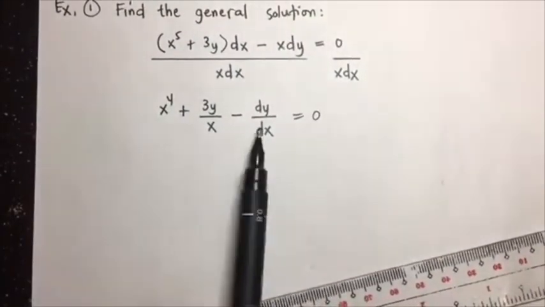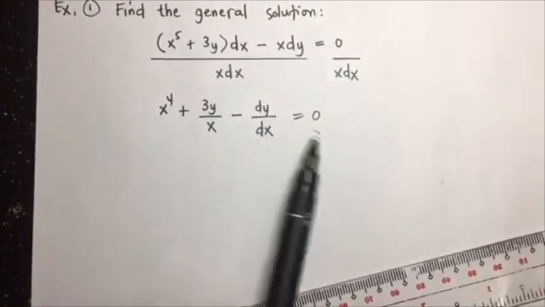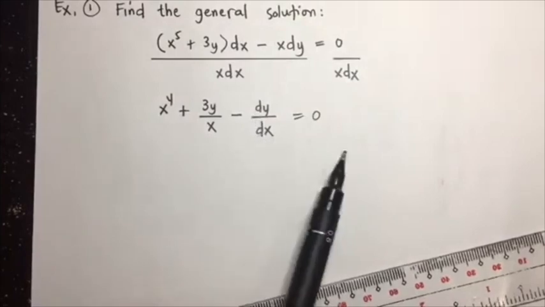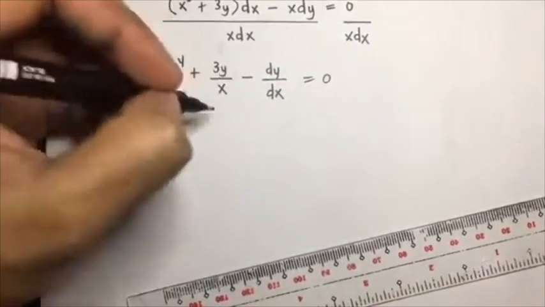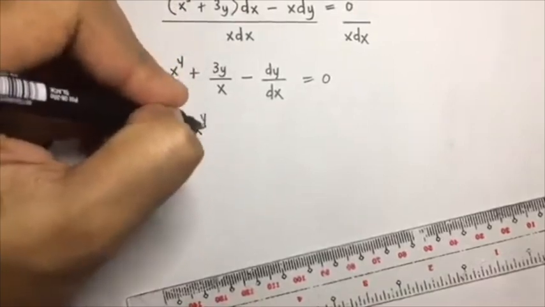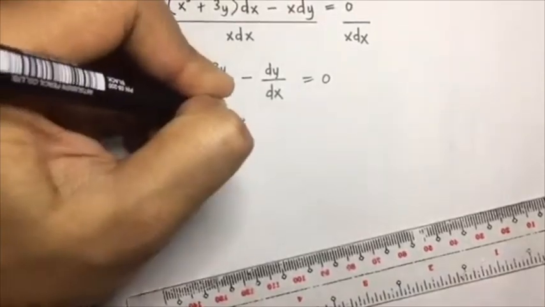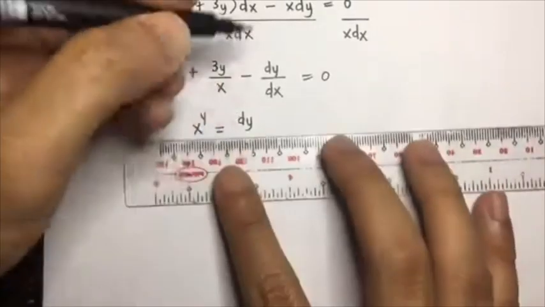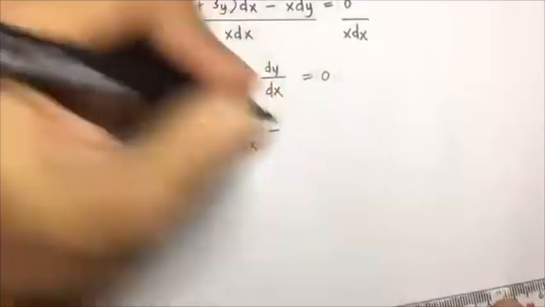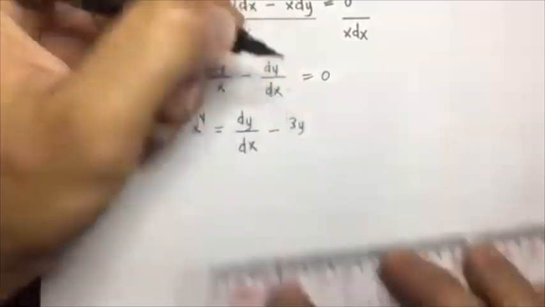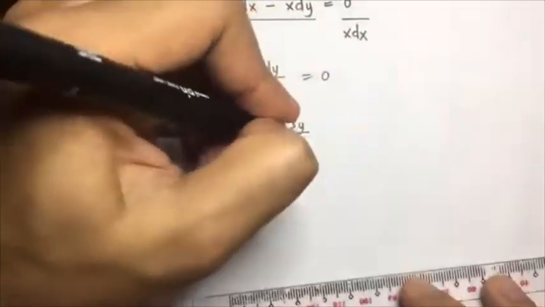Okay, so we can transpose dy over dx to the other side, and also 3y over x, so we will have x to the fourth is equal to dy over dx minus 3y over x.